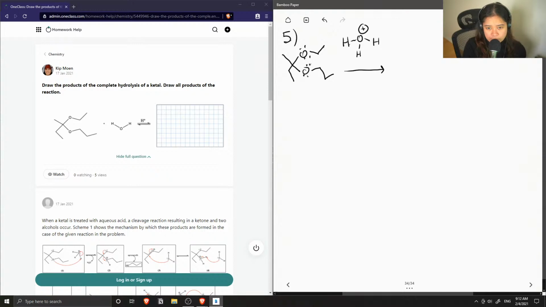So what happens first is one of the lone pairs from our reactant will come in and deprotonate this hydronium ion, forming water, to get the following intermediate.